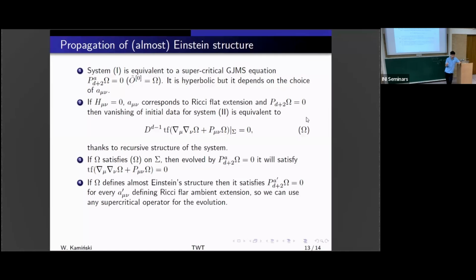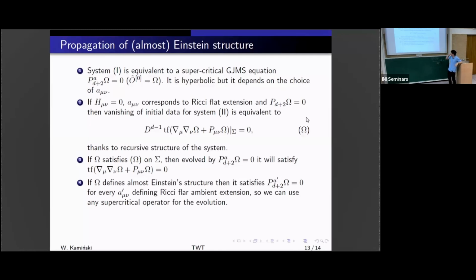It's also a global, generalized hyperbolic quasi-linear wave equation. So it allows us to show that if it holds on the initial surface, it will hold everywhere.